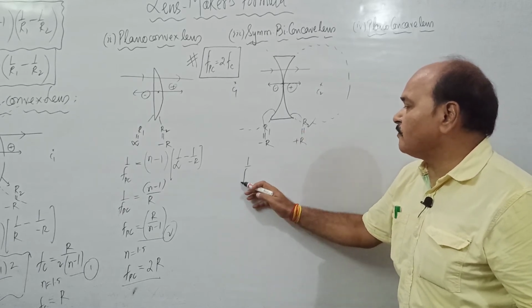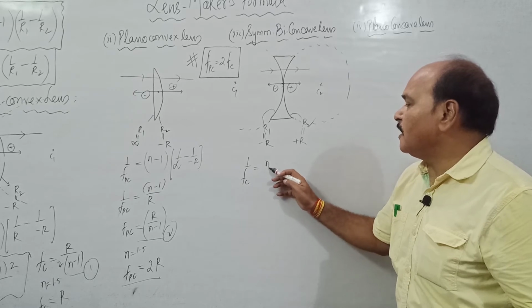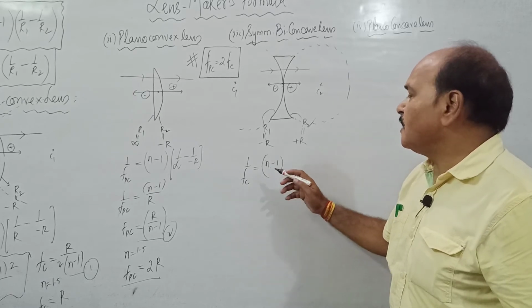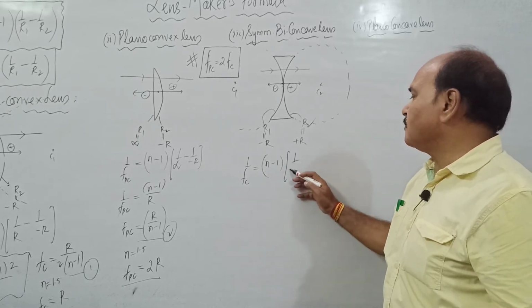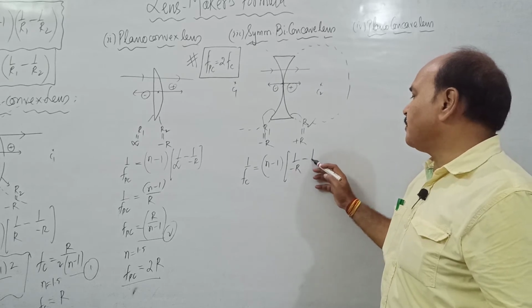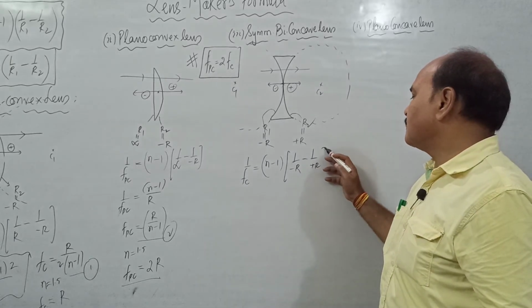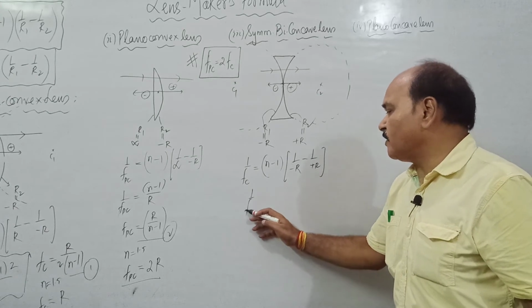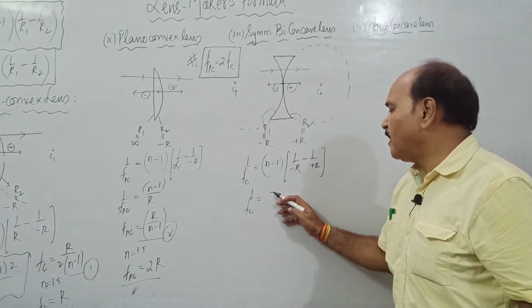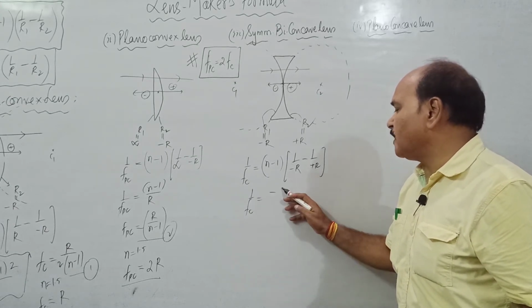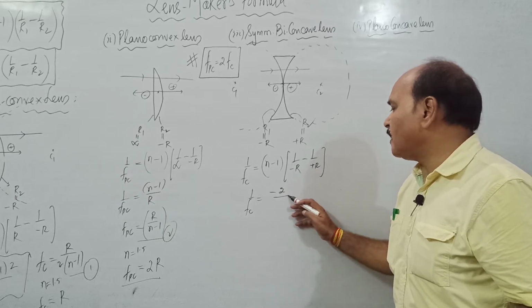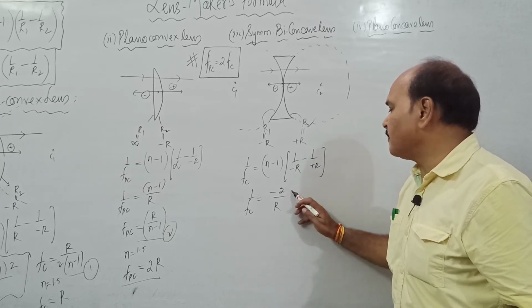That means the focal length of the concave lens is going to be n minus 1 times 1 upon R1, which is minus R, minus 1 upon R2, which is plus R. You can see the focal length of the concave lens is minus 2 by R times n minus 1.